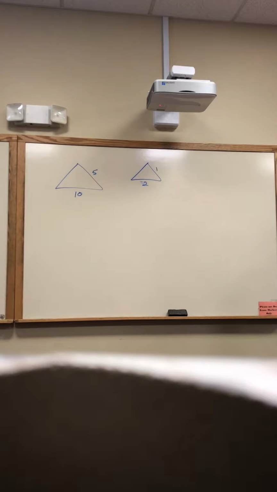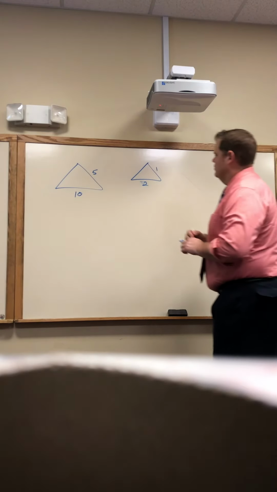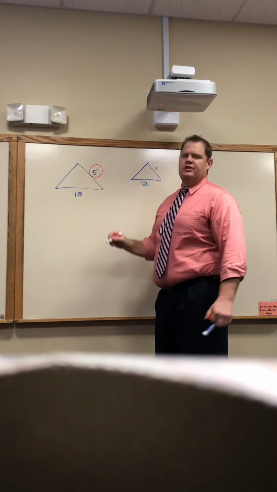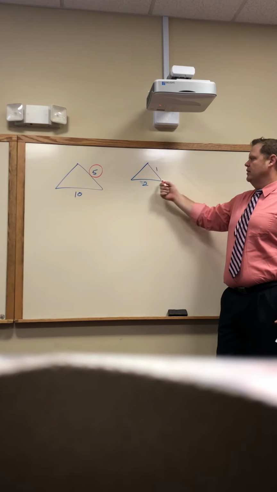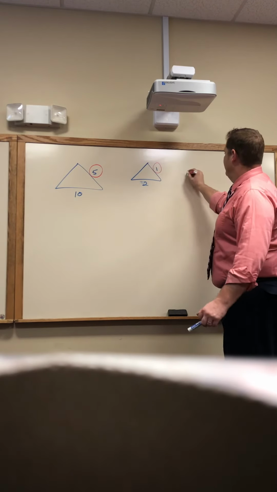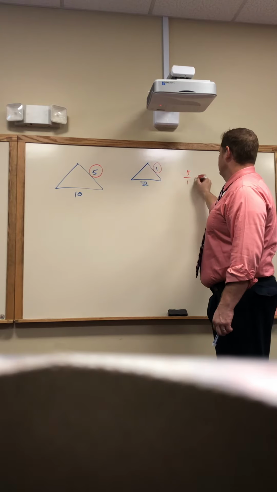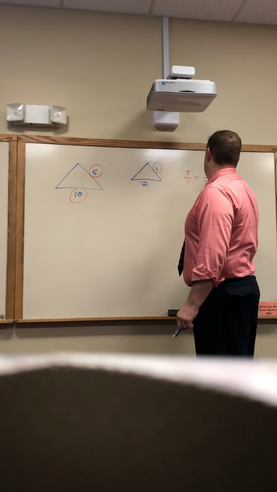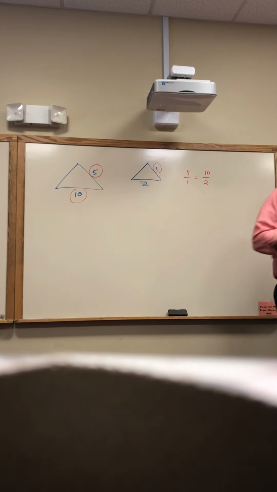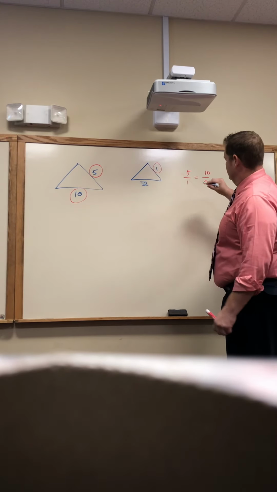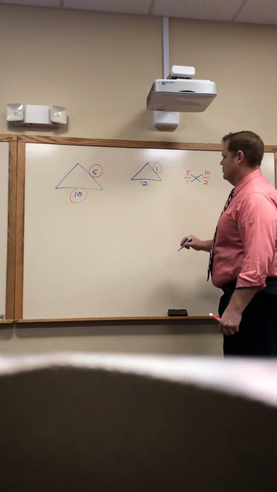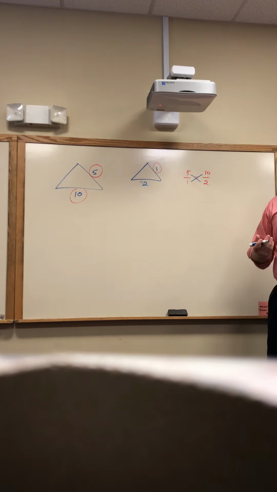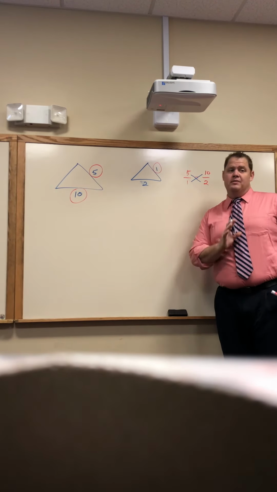What are our proportions? 5 relates to what side over here? 1. So we go 5 over 1, right? And what's the other one? 10 over 2. How would I solve to see that this is correct? It doesn't matter which one's the pre-image and which one's the image.